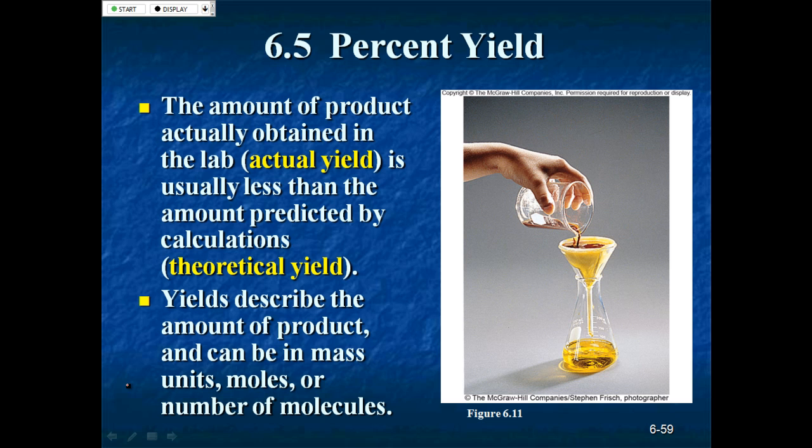Okay, so the calculations we did so far, the amount of product that will form, those are called theoretical yield because you calculated how much product can form, right? So that's called the theoretical yield.